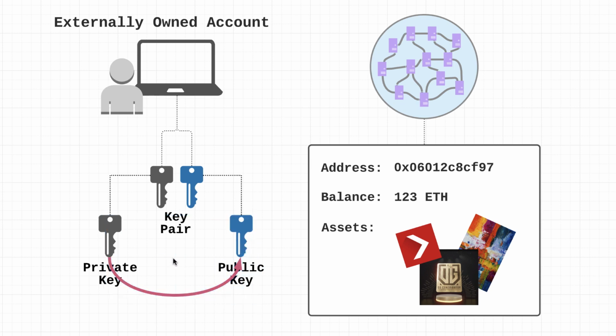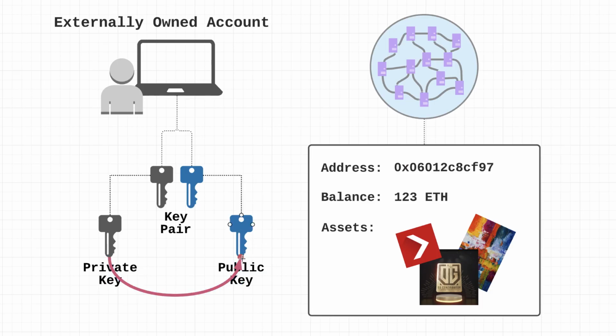Now, this is where things get interesting. If you have the public key, you cannot figure out the private key. That's why the term one-way function comes in, because you can calculate something in one direction, but not backwards the other way. Now, what is the relationship between this public key and the address?